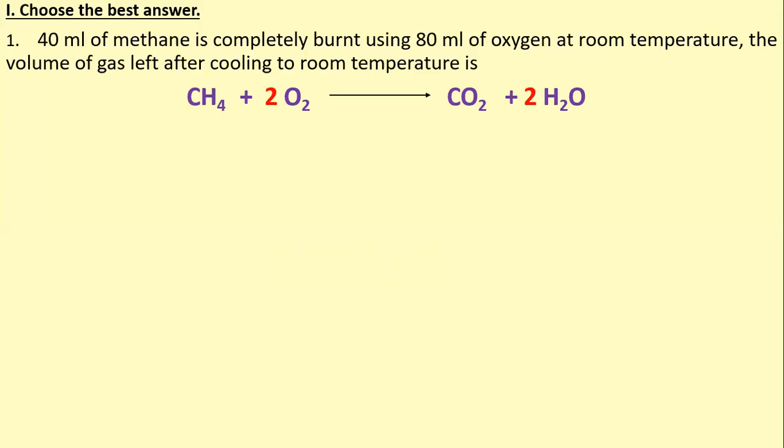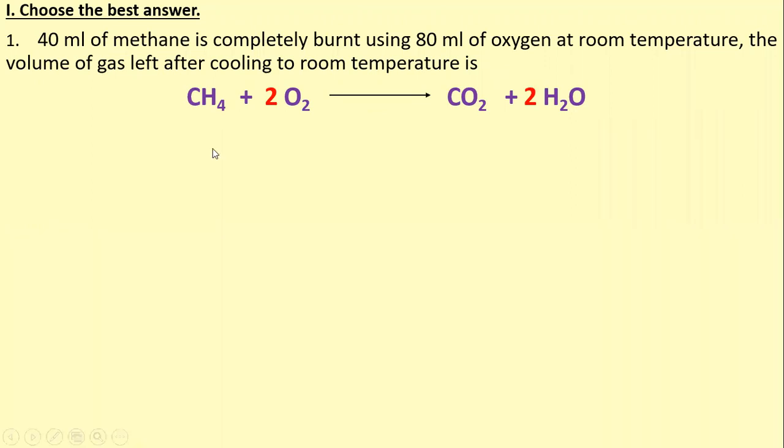Like that, you have to check all the compounds. Oxygen on the reactant side is 2 into 2, 4, and here on the product side 2 into 2, 4. So oxygen is balanced on both sides. Now the reaction is a stoichiometrically balanced equation.